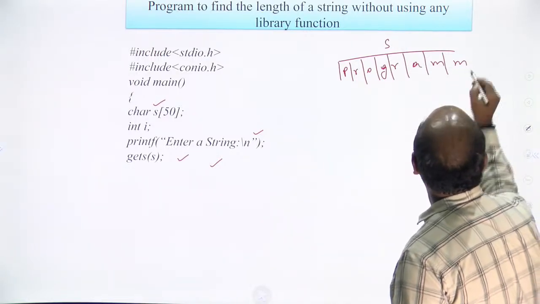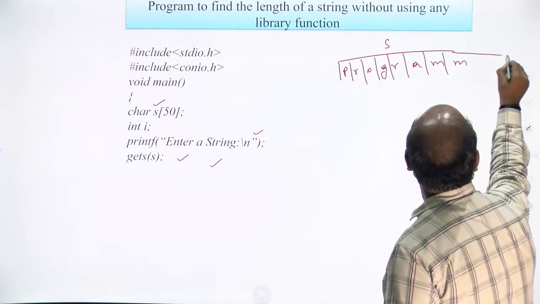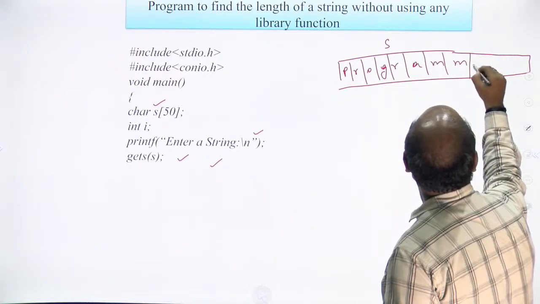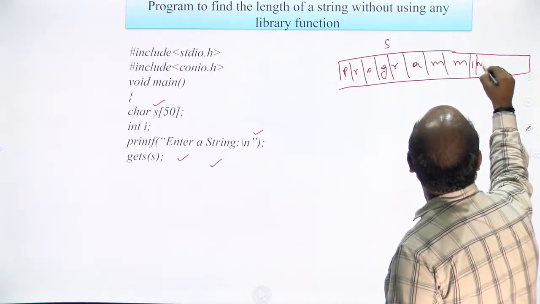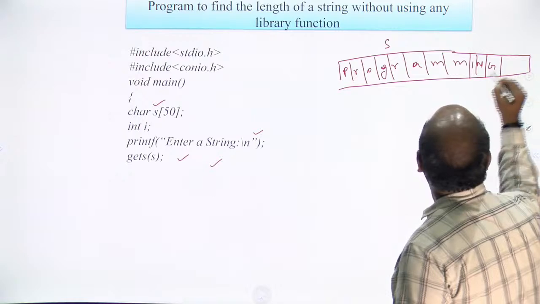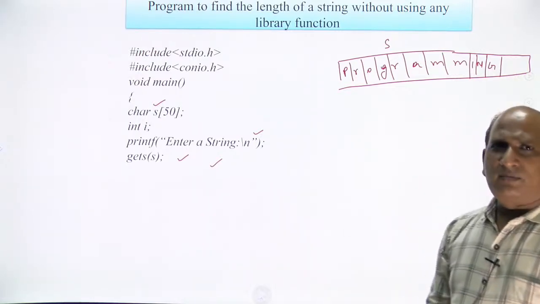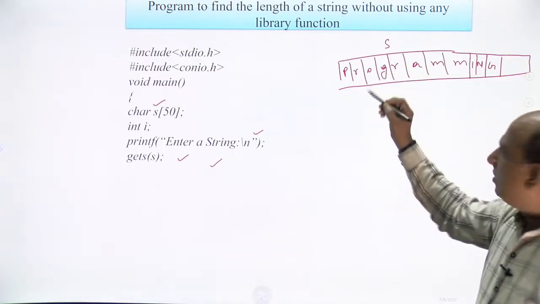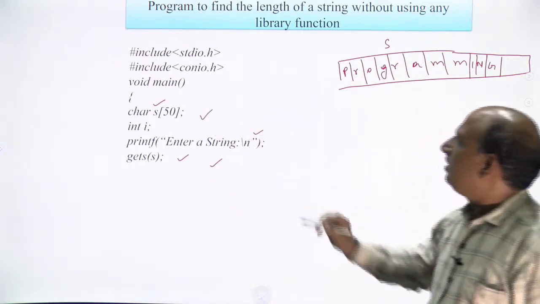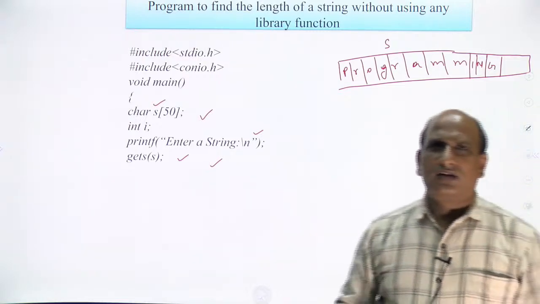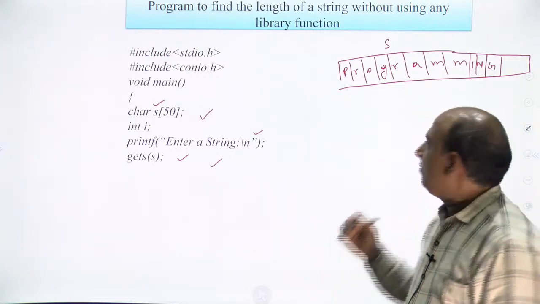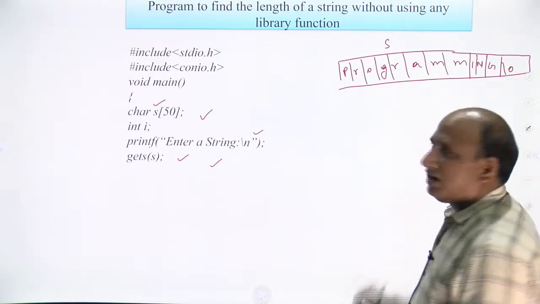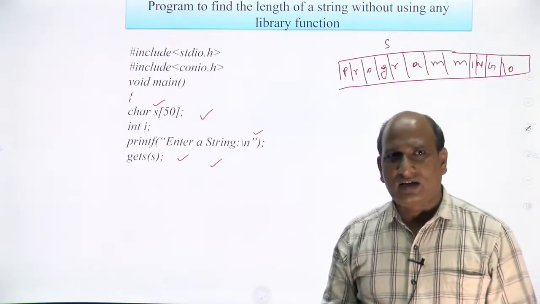Whenever this programming string has been stored in the array we declared, I have already told you that the C compiler will automatically store \0, the null character, at the end of the string.